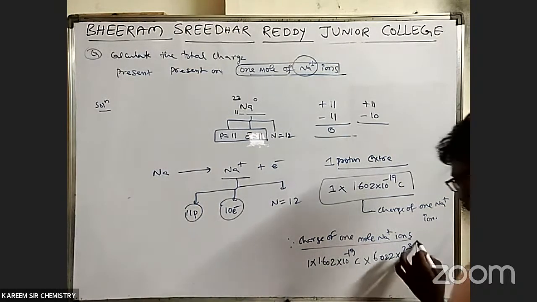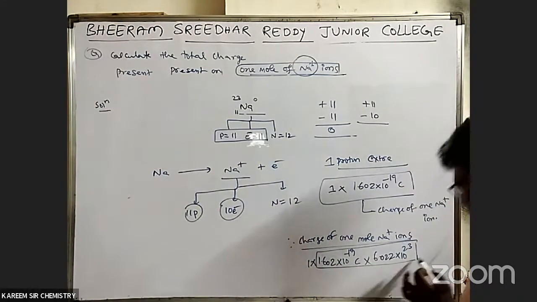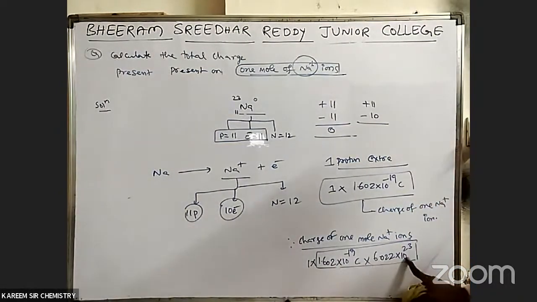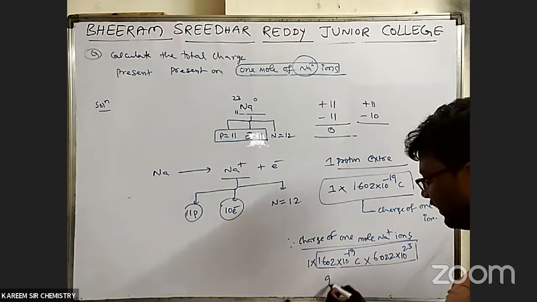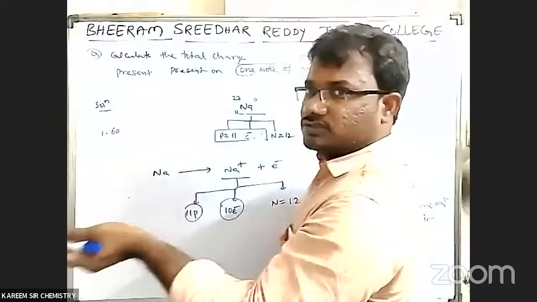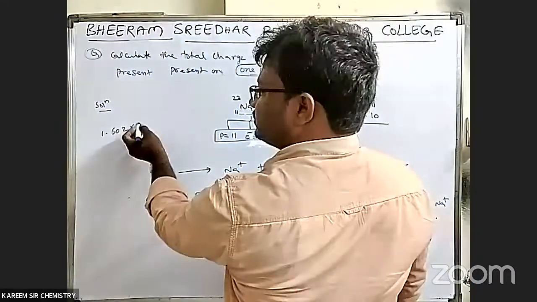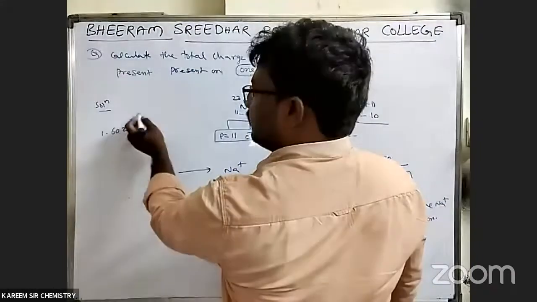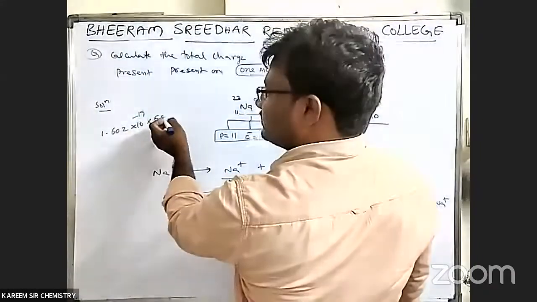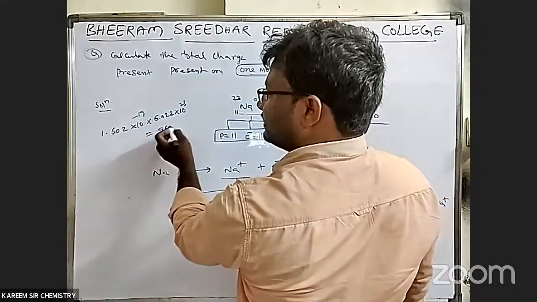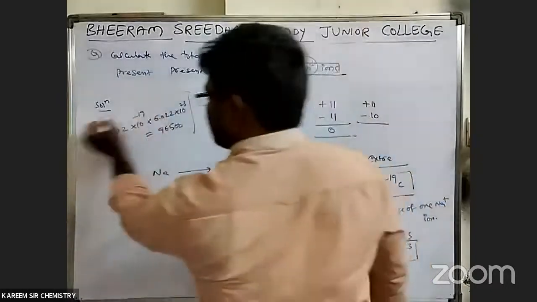So you should calculate these two values. 1.602 into 10 power minus 19 coulombs into 6.022 into 10 power 23 will give 96,500.